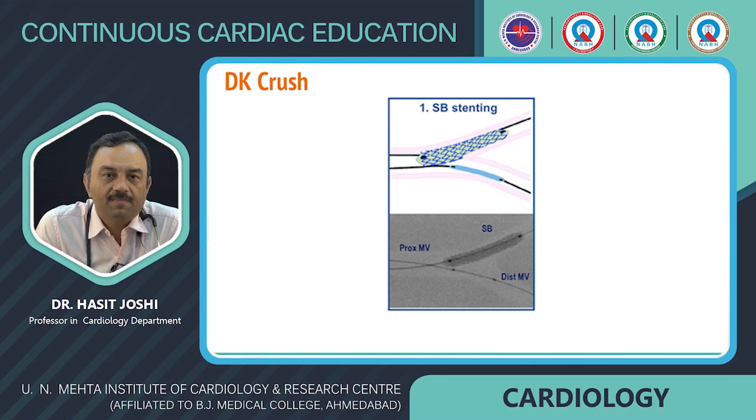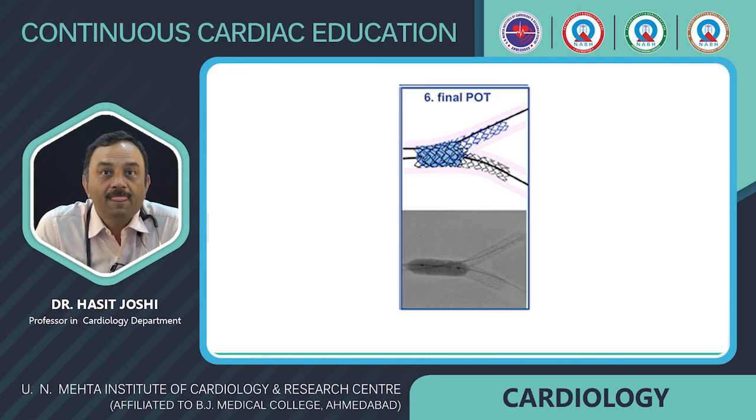In culotte stenting, it can be reverse culotte or culotte, in which you stent the main vessel to side branch, then do a POT in the main vessel, recross to the main vessel, and dilate the main vessel, just as in T-tap.